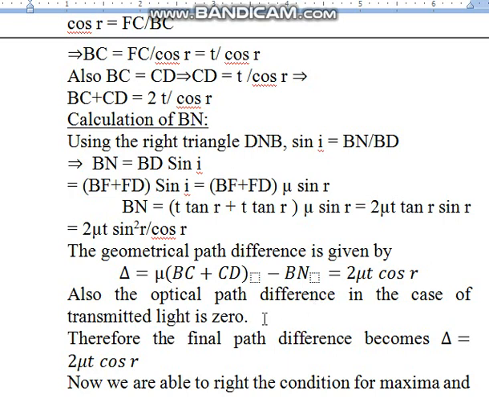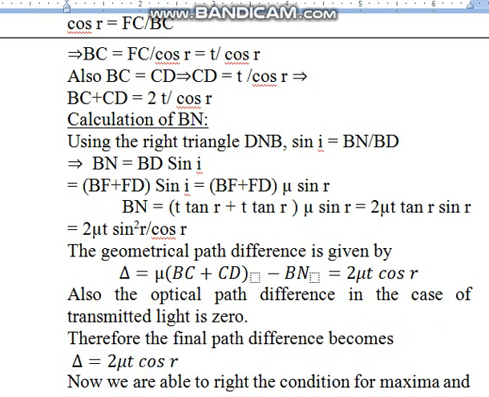But in reflected light, the optical path difference is lambda by 2 and the optical phase difference was pi. So we added the lambda upon 2 value, but in this case the optical path difference is 0. So the final path difference is delta equal to twice mu T cos R.